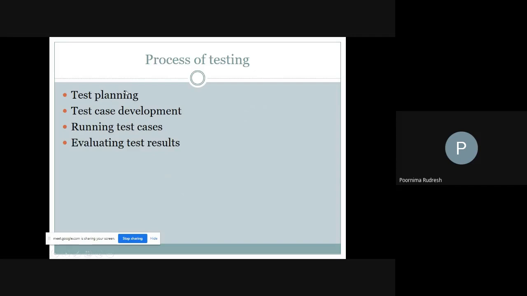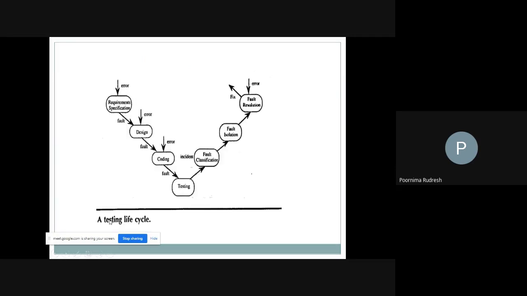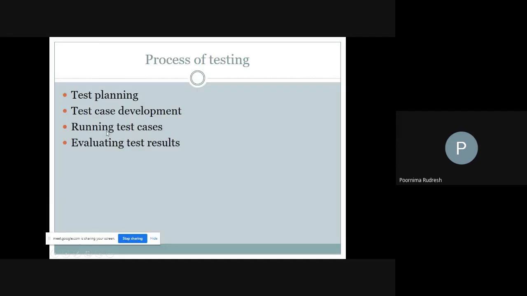When we are performing the testing process, these are the different phases we need to go through. First one is test planning, second one is test case development, third one is running test cases, and fourth one is evaluating test results. These are the four phases of the testing process.